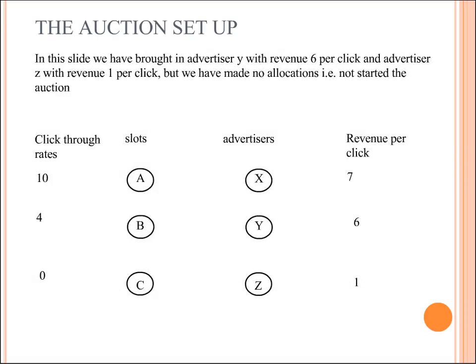Player Y has less he can spend on advertising. His profit ratio, if you like, is poorer, and hence he cannot put that much money on the advertisement. So he will be willing to pay 6, and the last will be willing to pay 1.